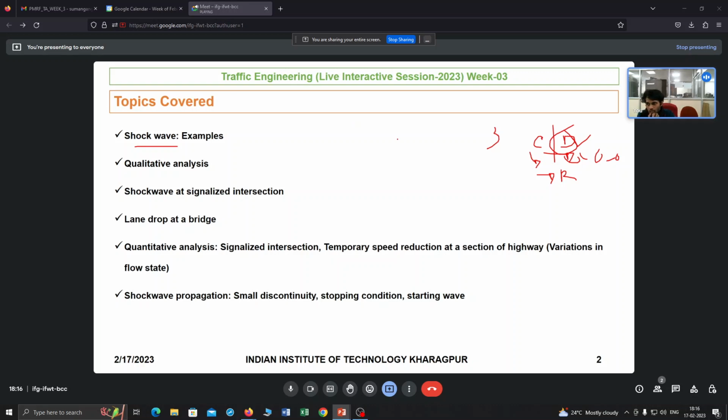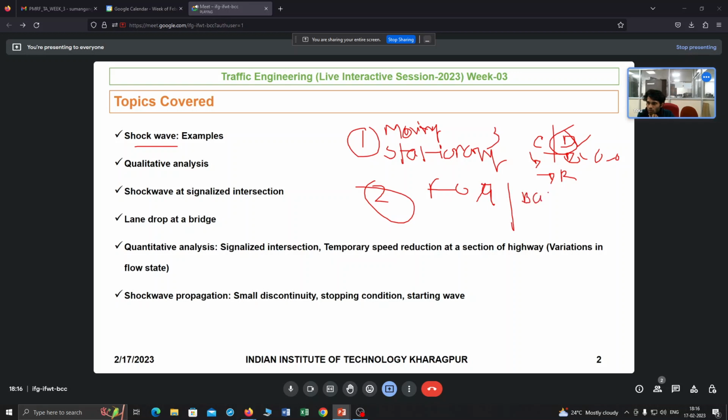So basically these are the concepts. One is whether your shock wave is moving or it is stationary. Another point is whether it is forward moving or backward moving, right?